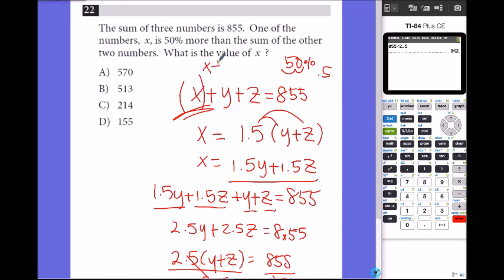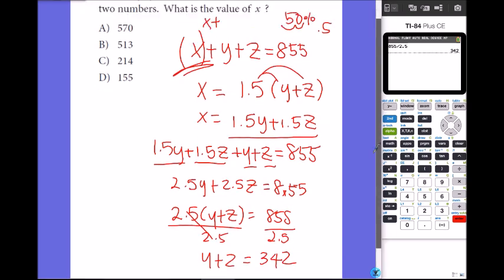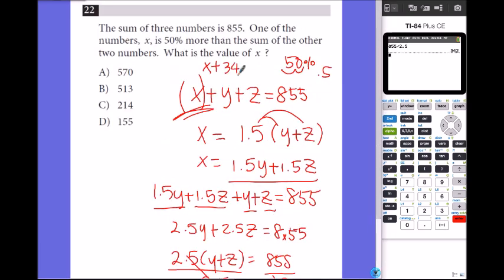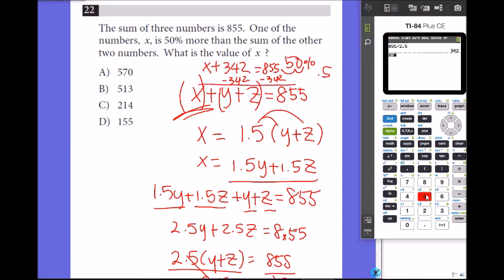So X plus Y plus Z, where Y plus Z was 342, is 855. So if you subtract 342 from 855, you get the amount of X, 513.